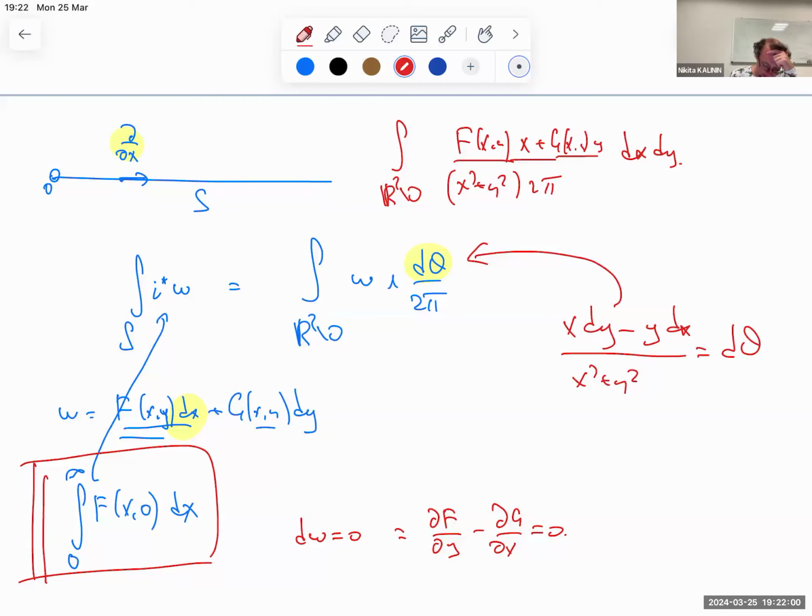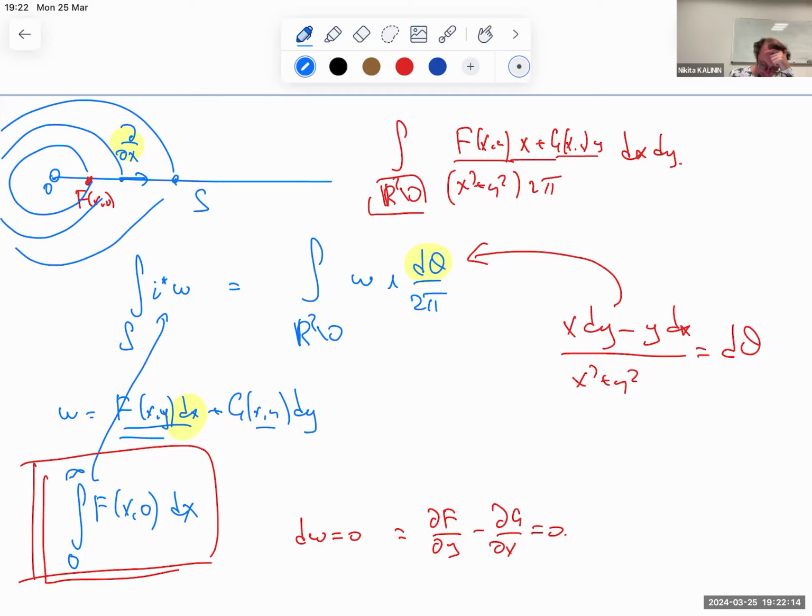Here we care only about the value f(x,0), and here we integrate over R2 without 0. So maybe we just need to prove that the integral over any such circle is just the value of f here. It means that you fix x squared plus y squared to be equal to some constant, and then you integrate such a form. So basically I wanted to integrate over d theta.